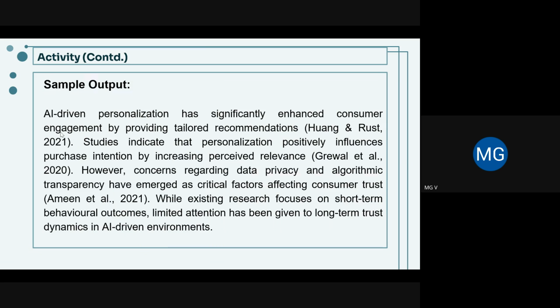However, now because we need to focus on the gap, concerns regarding data privacy and algorithmic transparency have emerged as critical factors affecting consumer trust. Again, citation. On what basis are we saying this? While existing research focuses on short-term behavioral outcomes, limited attention has been given to long-term trust.